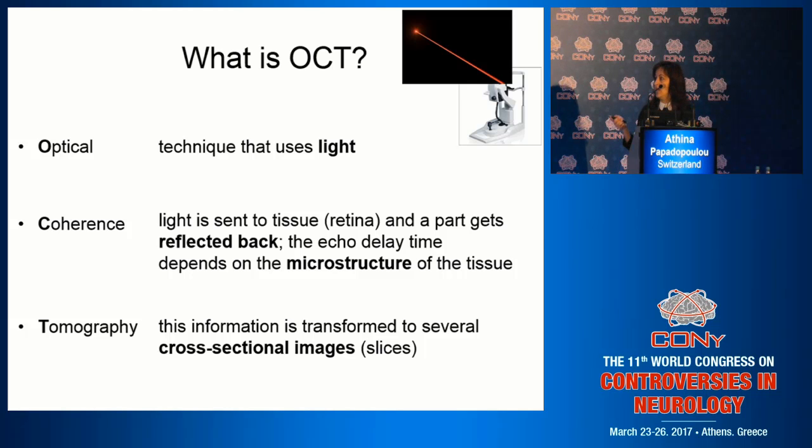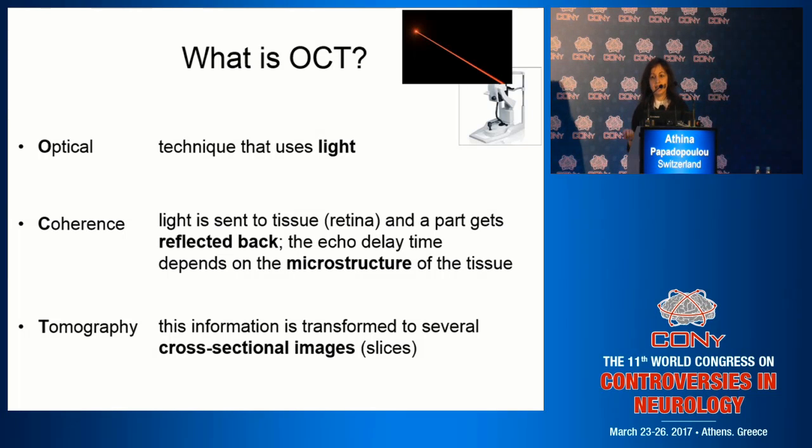This abbreviation stands for optical coherence tomography. Why optical? Because it is a medical imaging technique that uses light, laser. And why tomography? Because we don't just get two-dimensional pictures of the retina, but we get slices. So it is a technique that makes cross-sectional images, a little bit similarly to the MRI.